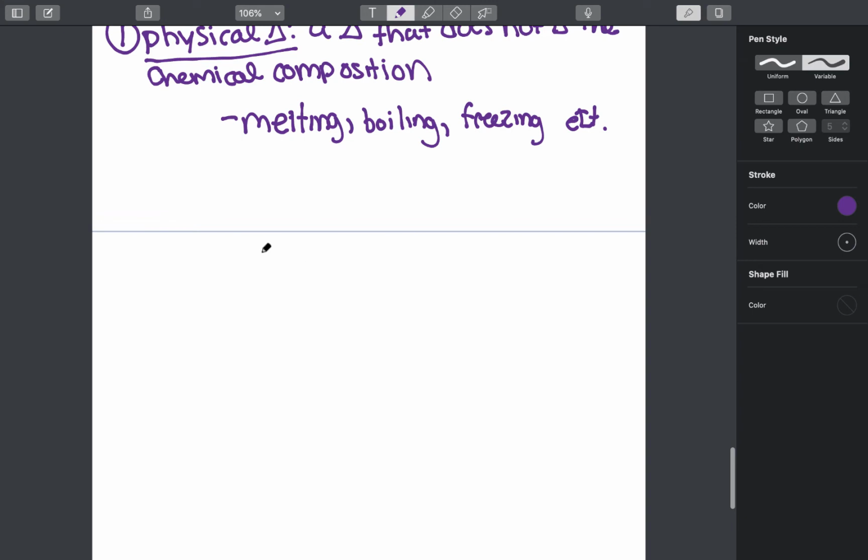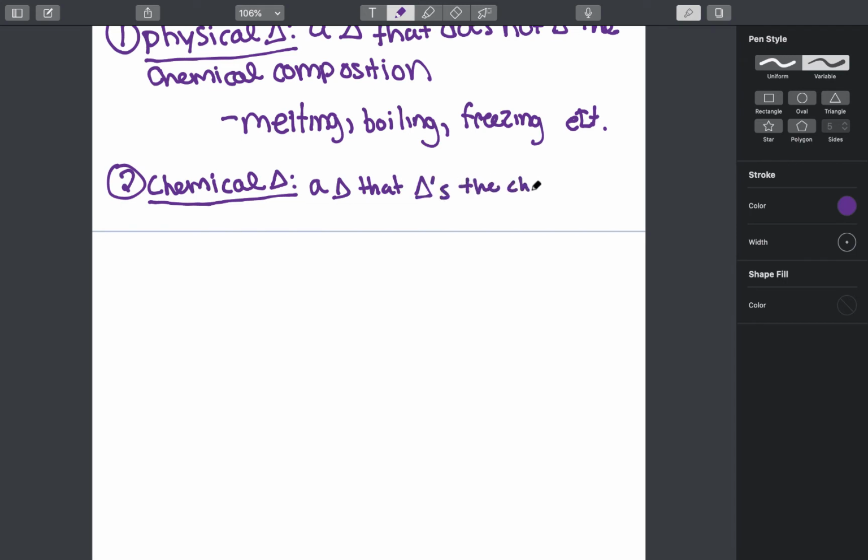The second type of change is called a chemical change. A chemical change is a change that changes the chemical composition of the substance.